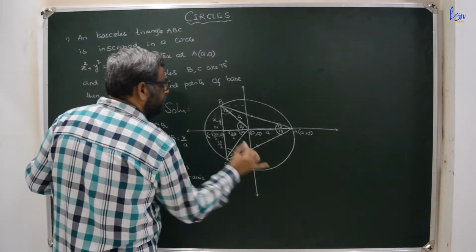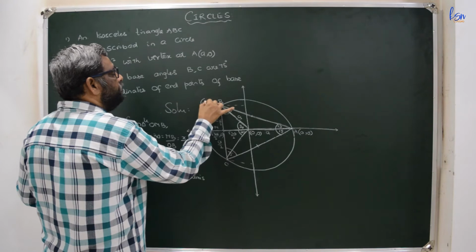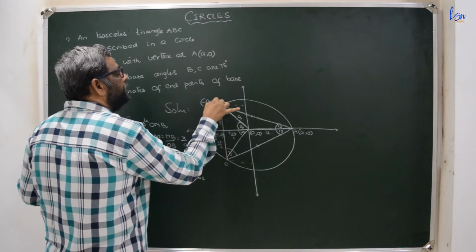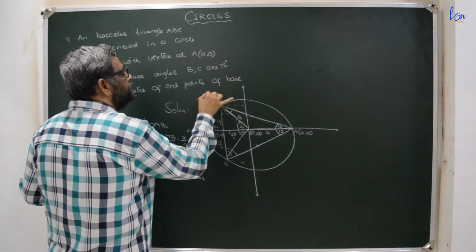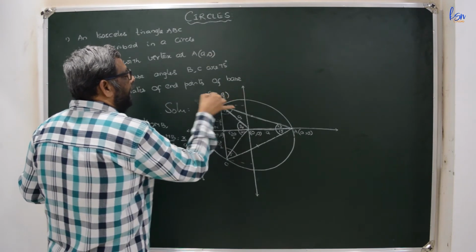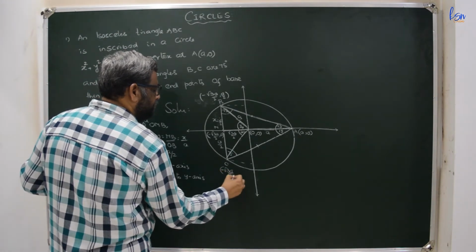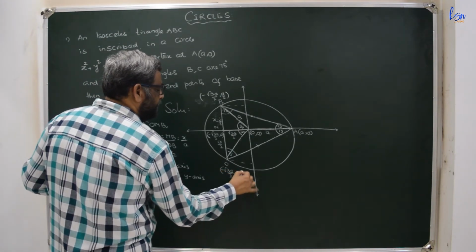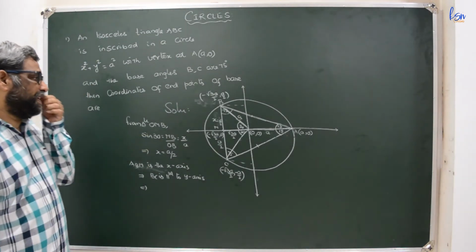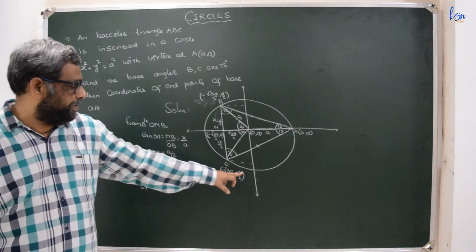And therefore the coordinates of this point are (minus root 3a by 2, a by 2), and the coordinates of this point are (minus root 3a by 2, minus a by 2). So the coordinates of B and C are (minus root 3a by 2, a by 2) and (minus root 3a by 2, minus a by 2).